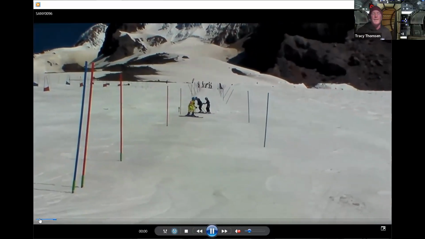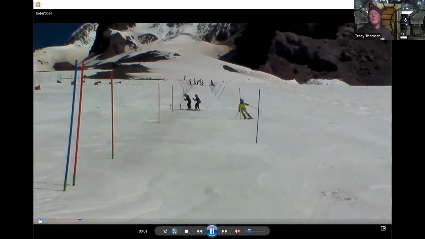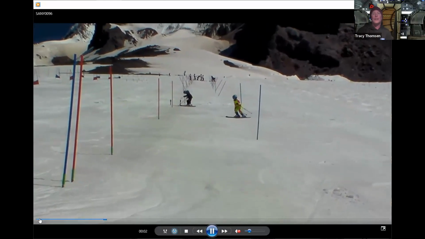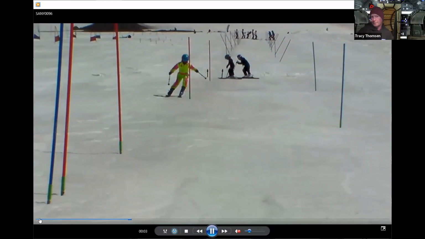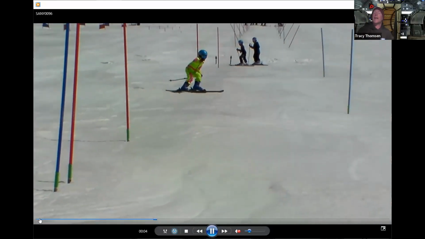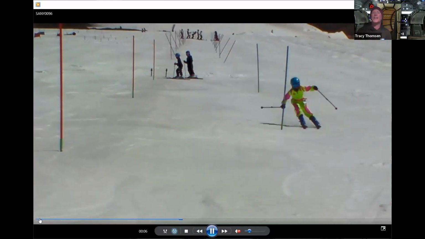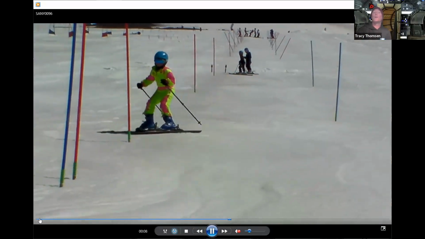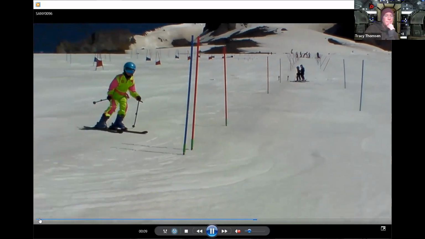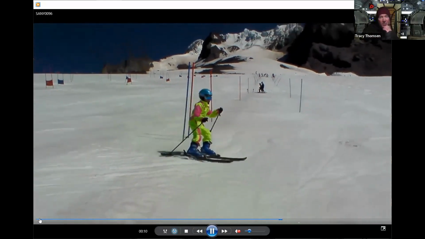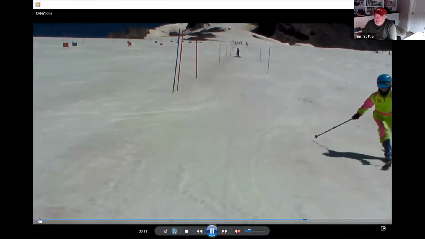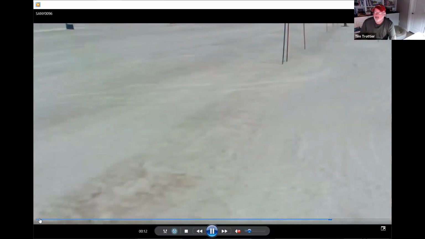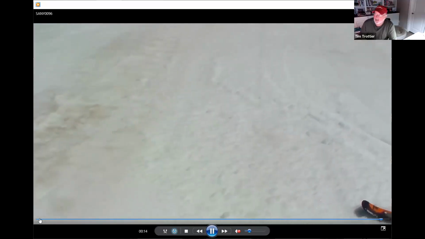Tim, I'm going to voluntell you: I would like you to pick a different fundamental. And I'd like you to stay at that same phase of the turn, the edge change zone. Is there one that maybe you would like to address? Yeah, I'm going to choose edging, because I see a lot of skidding in those turns.